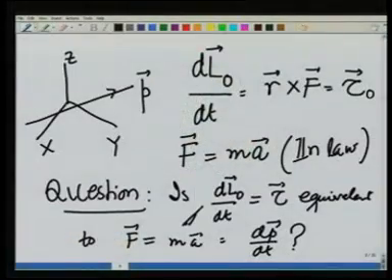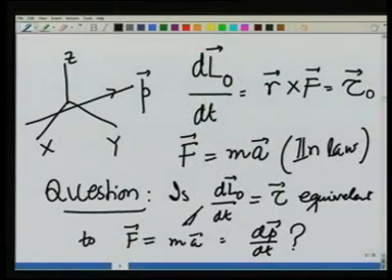I am doing all this exercise to make you familiar with angular momentum and related mathematics. Let us understand this by considering an example. I will consider the example of a conical pendulum, and with that I will show you a couple of things. First, I will show you that the angular momentum indeed is origin dependent, and number 2, that these two are indeed equivalent.